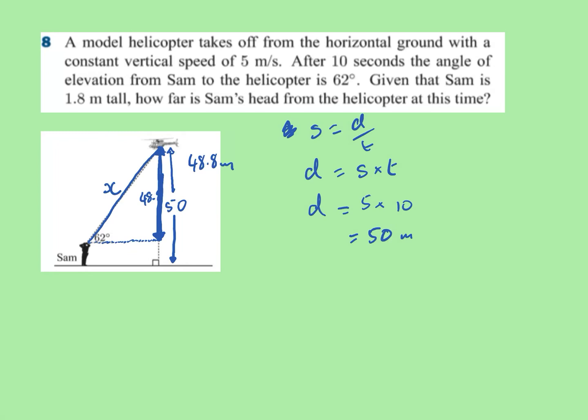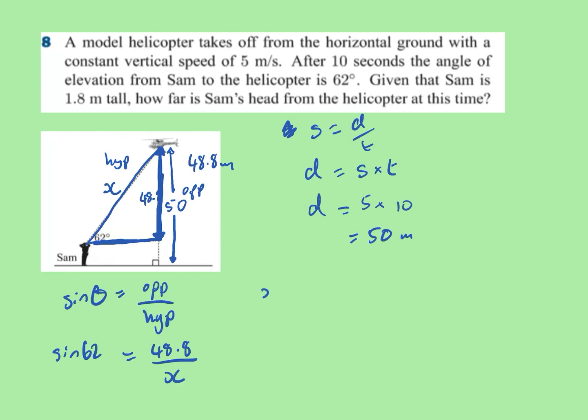Okay, so we've got an opposite and we've got a hypotenuse. So it's a sine. Sine of your angle is equal to opposite over hypotenuse. Okay, and we're using this right angle triangle. So it's going to be sine of 62 is equal to opposite 48.8 over the hypotenuse x.